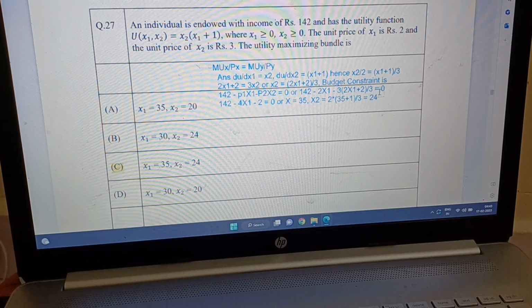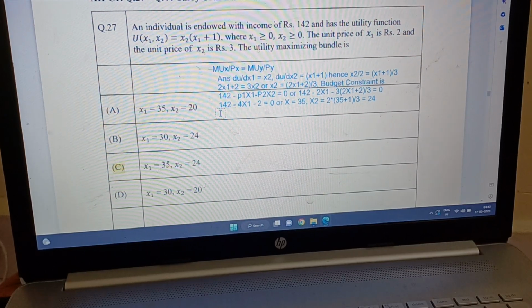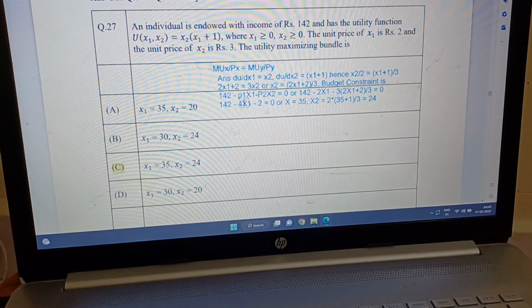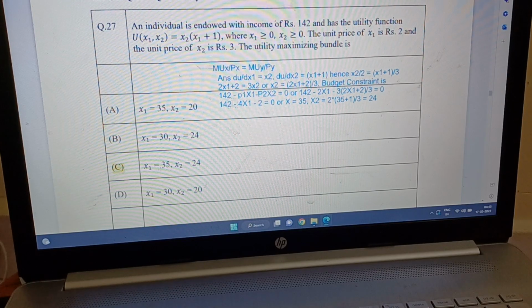So this 3 and this 3 will be cancelled. All we are left with is 142 minus 4x1 minus 2 is equal to 0, or x1 is equal to 140 divided by 4, which is equal to 35.